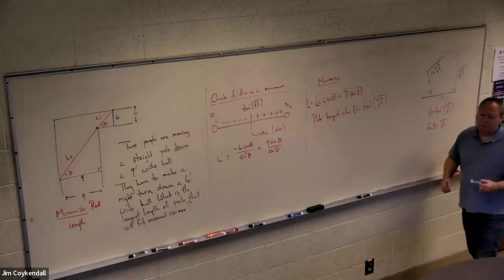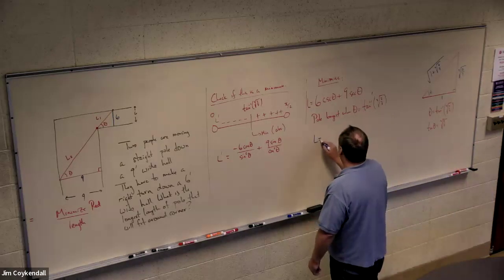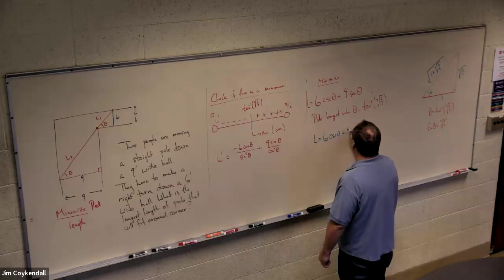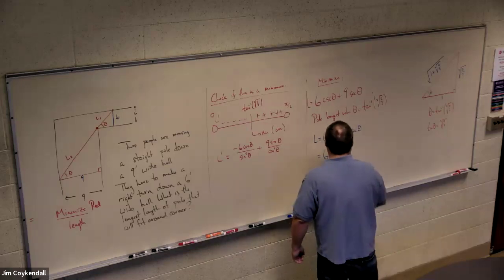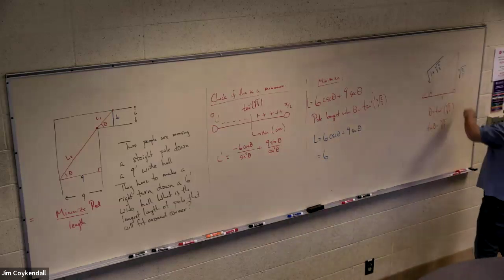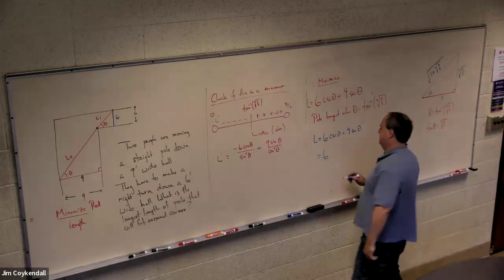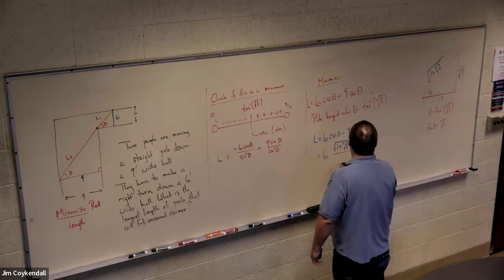So now all you have to do is plug in here. L is 6 cosecant theta plus 9 secant theta. So just read the triangle. The cosecant is hypotenuse over this, so it's the square root of 1 plus the cube root of 4/9, over the cube root of 2/3.